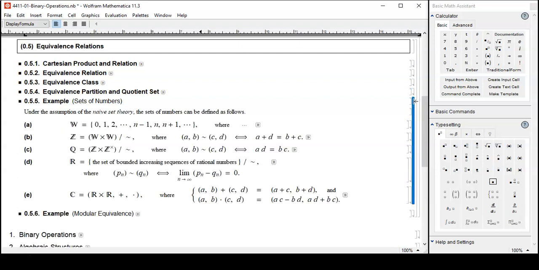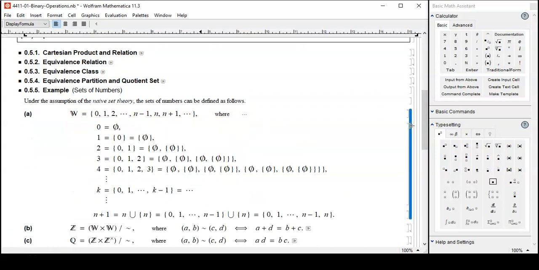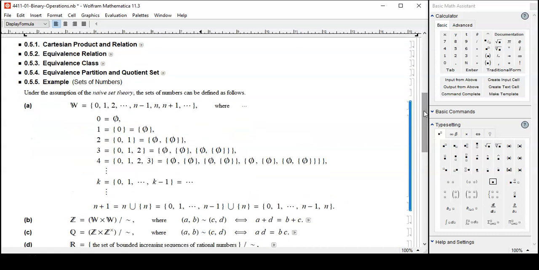How do we establish the sets of numbers? Well, let's begin with the set of whole numbers. Using the roster notation, we define 0 as the empty set, with no elements, and 1 as the set which includes only one element, which is the empty set.